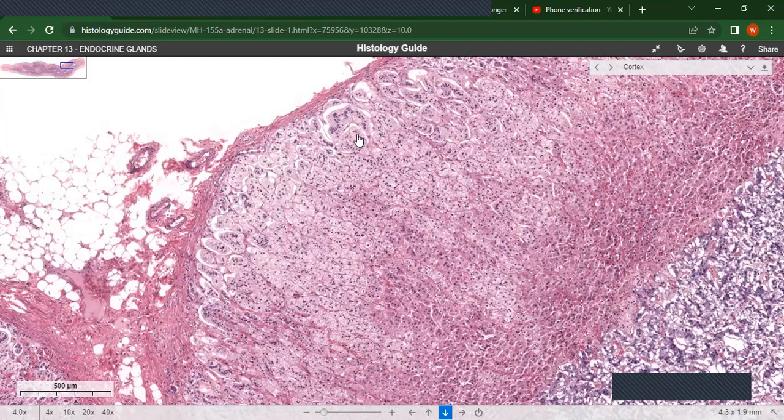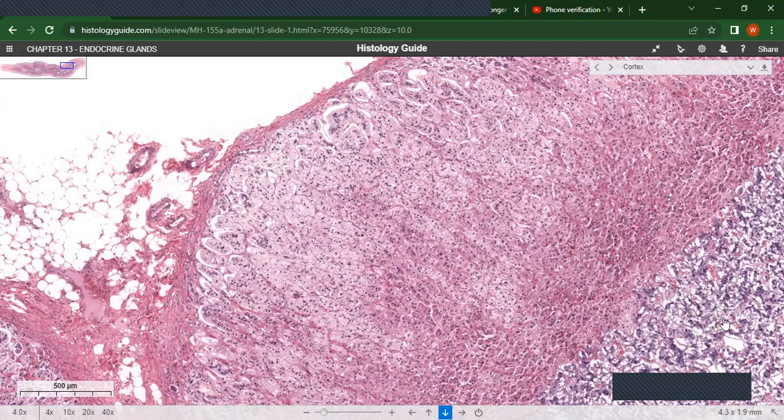The zona glomerulosa produces mineralocorticoids such as aldosterone. The zona fasciculata produces glucocorticoids such as cortisol. And the zona reticularis produces androgens such as epiandrostenedione. So then we have the medulla here, adrenal medulla. Chromaffin cells are the main cell type here.